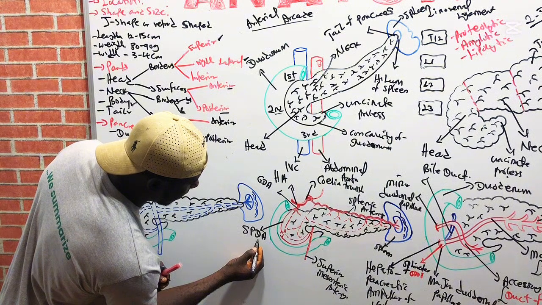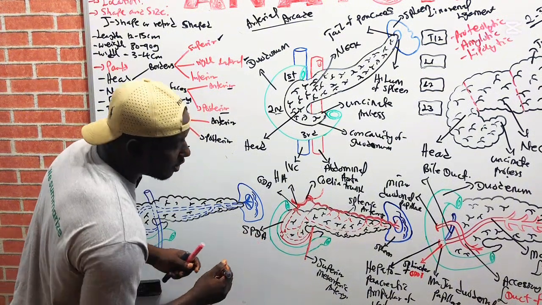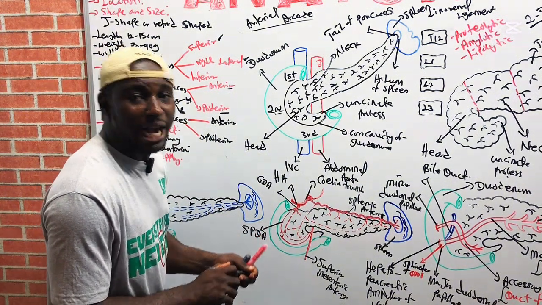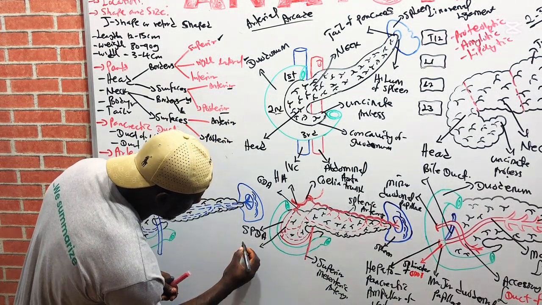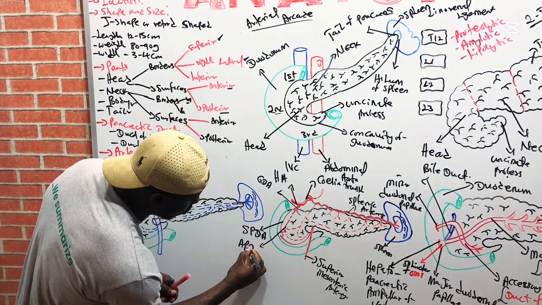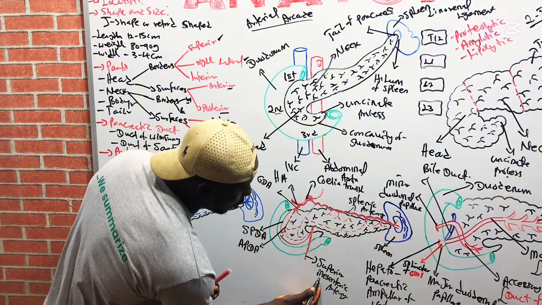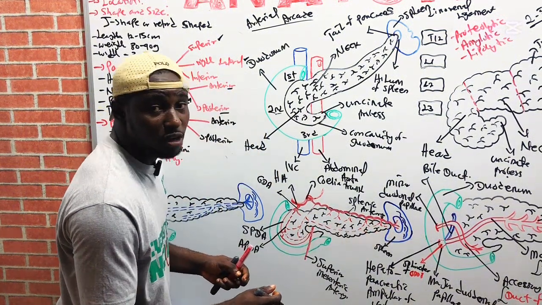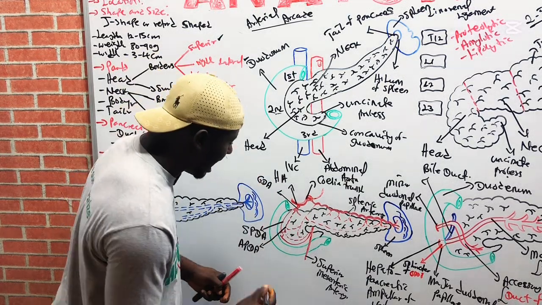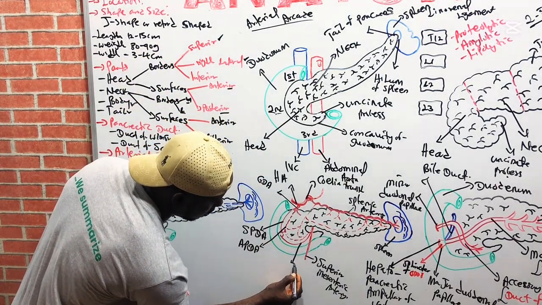Now, this artery forms the anterior pancreaticoduodenal artery also, which is here. Anterior pancreaticoduodenal artery. The superior mesenteric artery gives us a branch which is called the inferior pancreaticoduodenal artery. Look at it here.